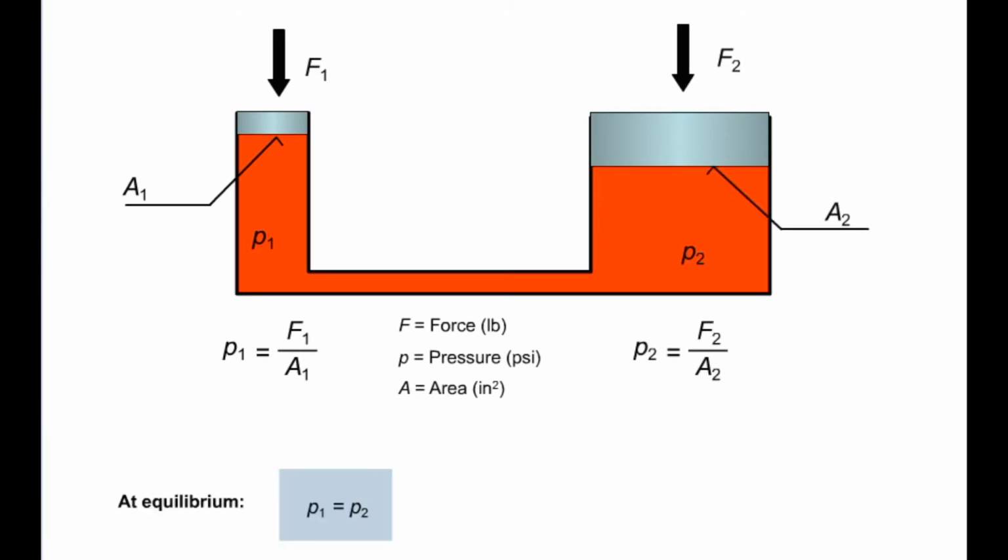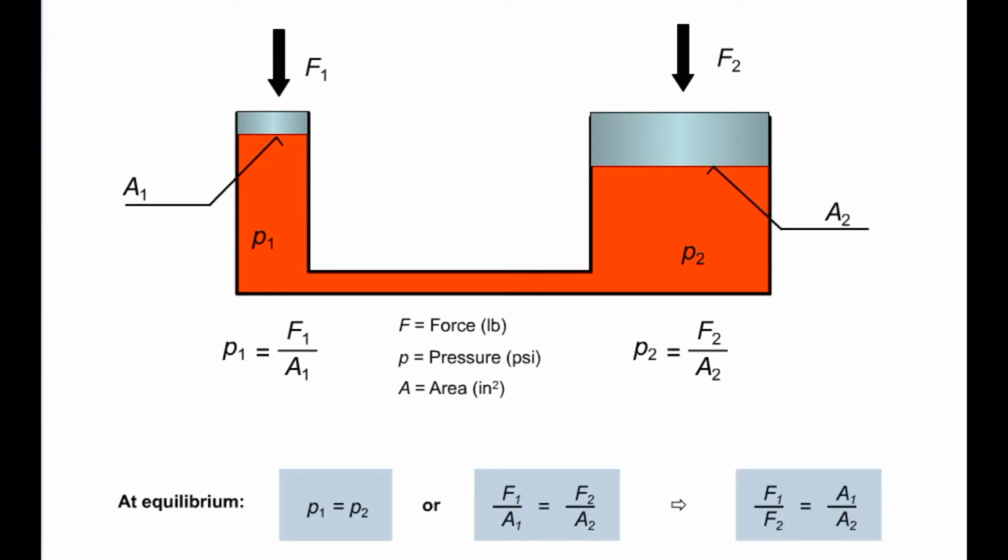Therefore, pressure P1 is equal to pressure P2. Pressure is force divided by applied surface area. Therefore, F1 divided by A1 is equal to F2 divided by A2. By rearranging these equations we obtain F1 over F2 equals A1 over A2. Or we can express it like this: the ratio of the forces is equal to the ratio of the areas.